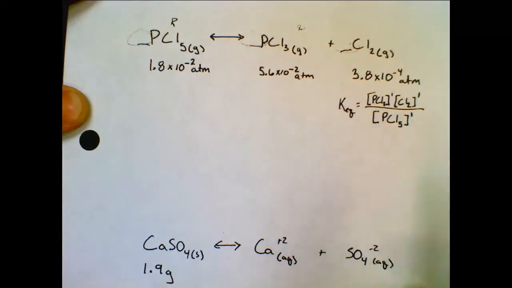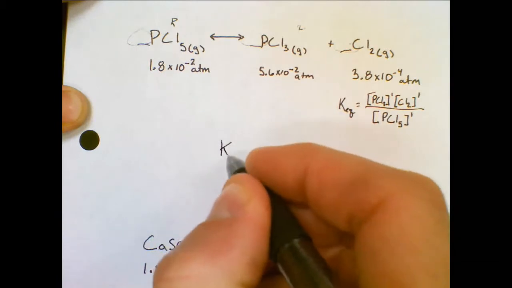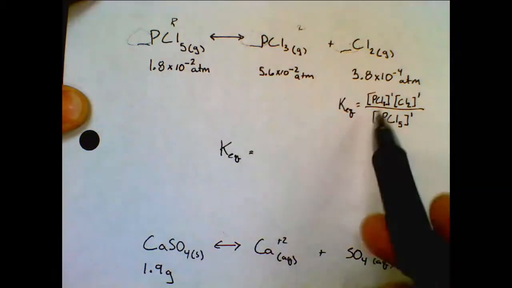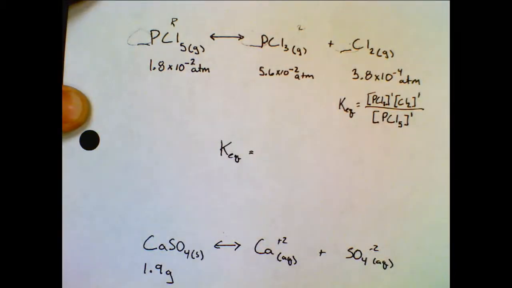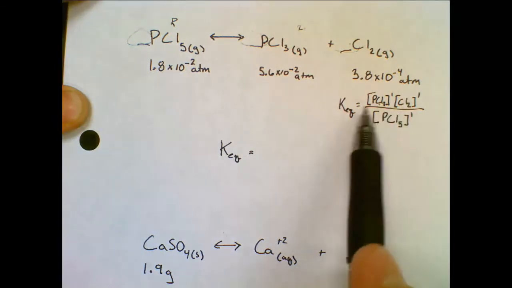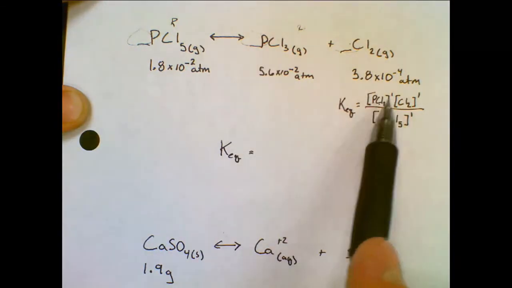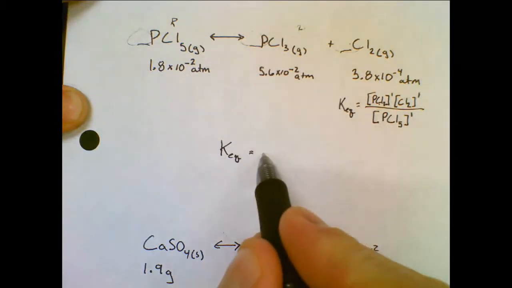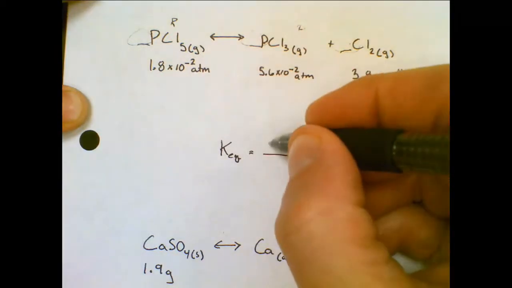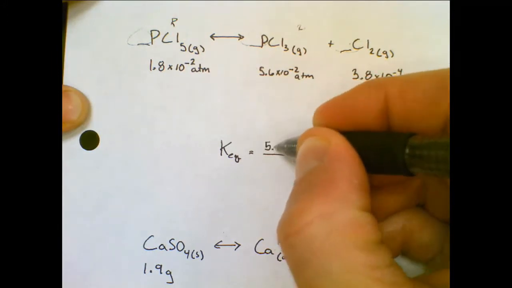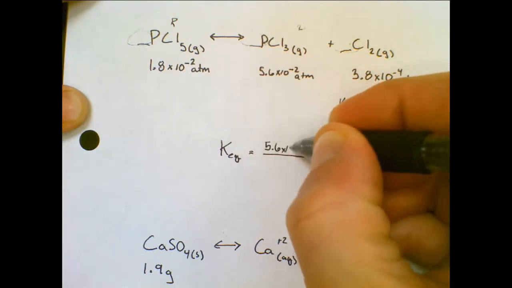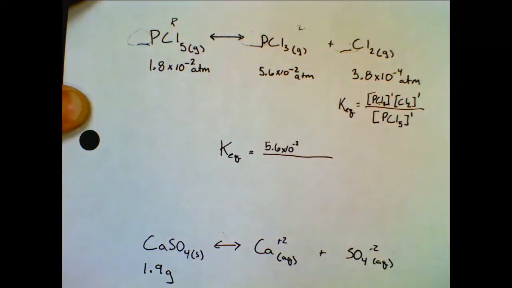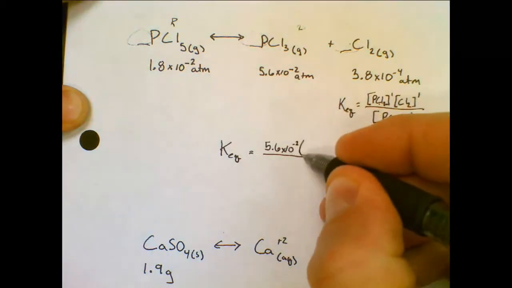Now that we have our expression set up, all we have to do is substitute values in place of my placeholders, my variables basically. So for my concentration of PCl3, the brackets mean concentration. I could also put in a pressure, and that's okay. So I just go ahead and use square brackets every time, again, more so just to set up a routine of always doing it the same way to increase my chances of success.